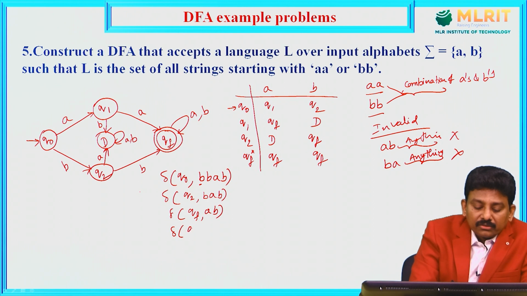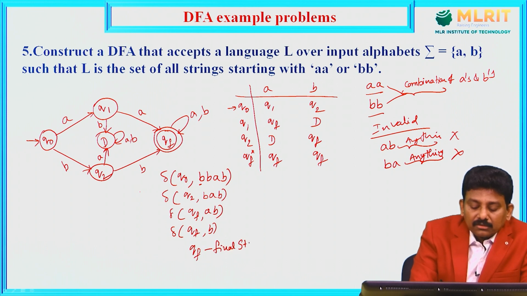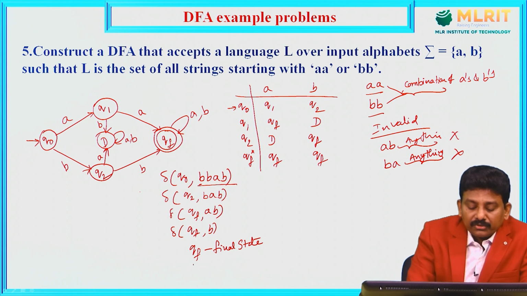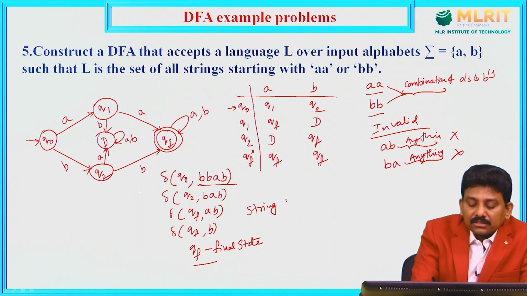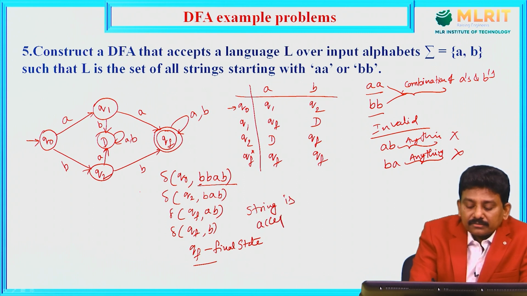QF on A, QF, remaining input is B, QF on B, QF, final state. So after processing the entire input, if we reach the final state, the string is accepted. That means the string is accepted.